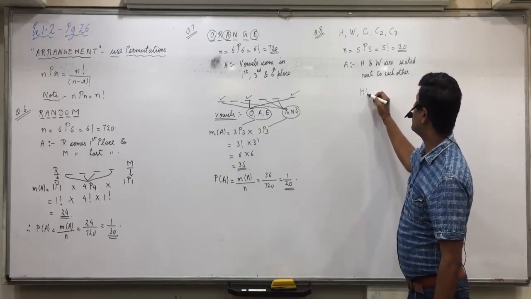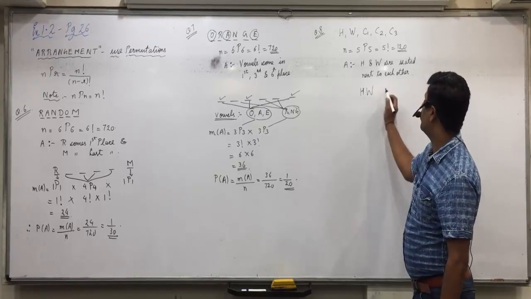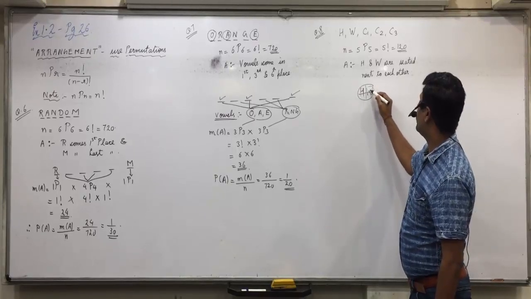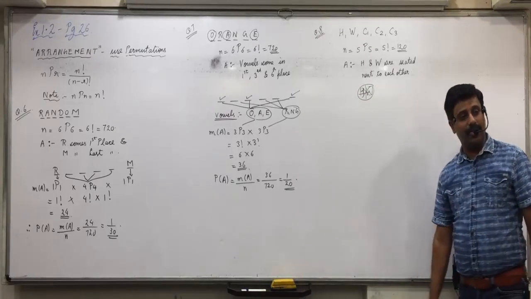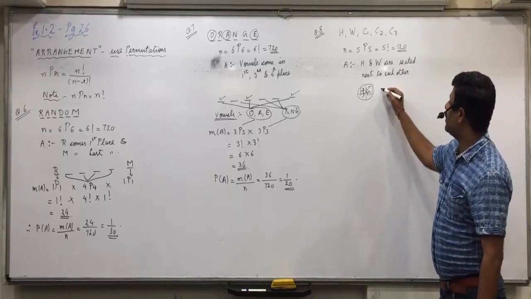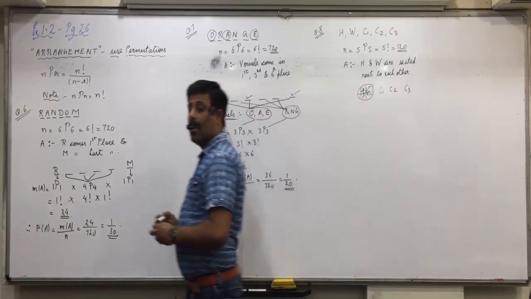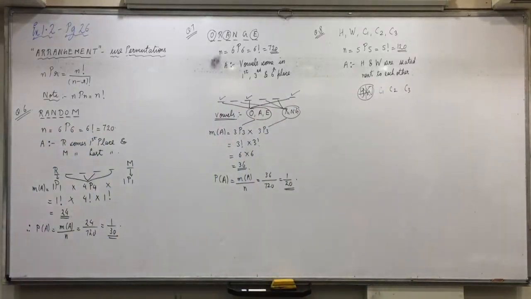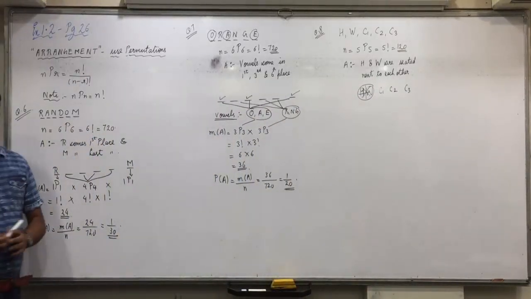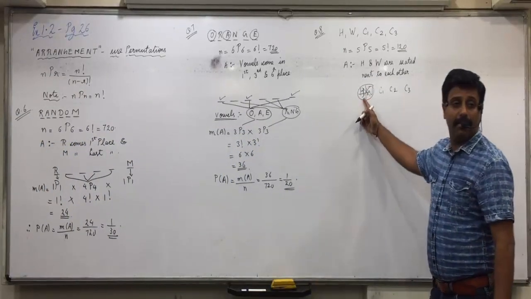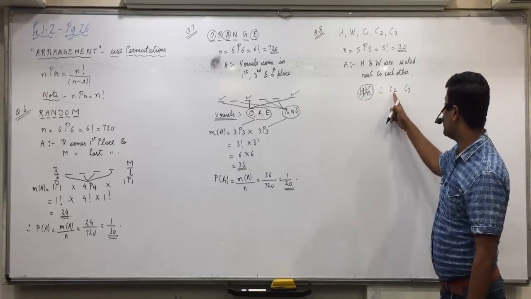Husband and wife, you'll tie them with a string. Now remaining C1, C2, C3. How many people to be arranged now? 4. Husband and wife become 1, 2, 3, 4.